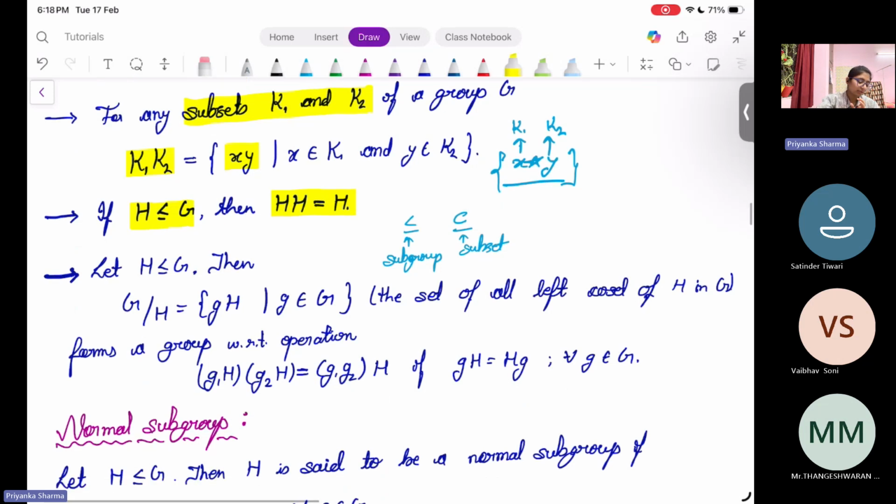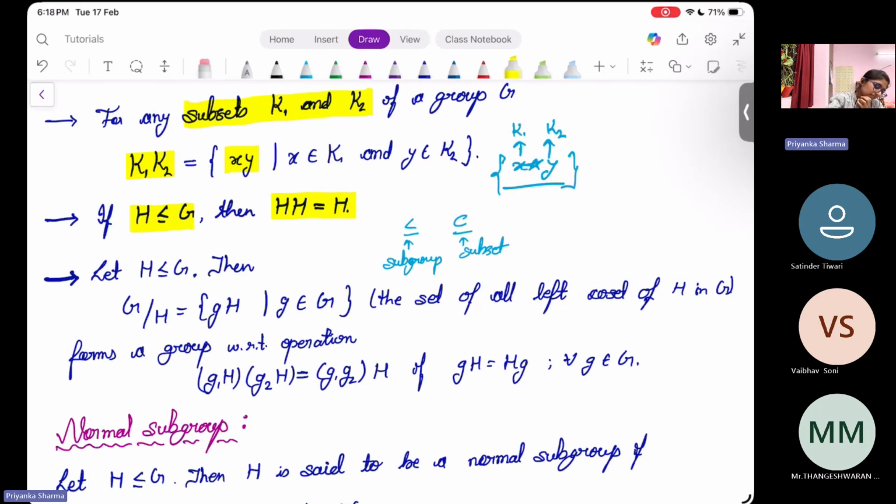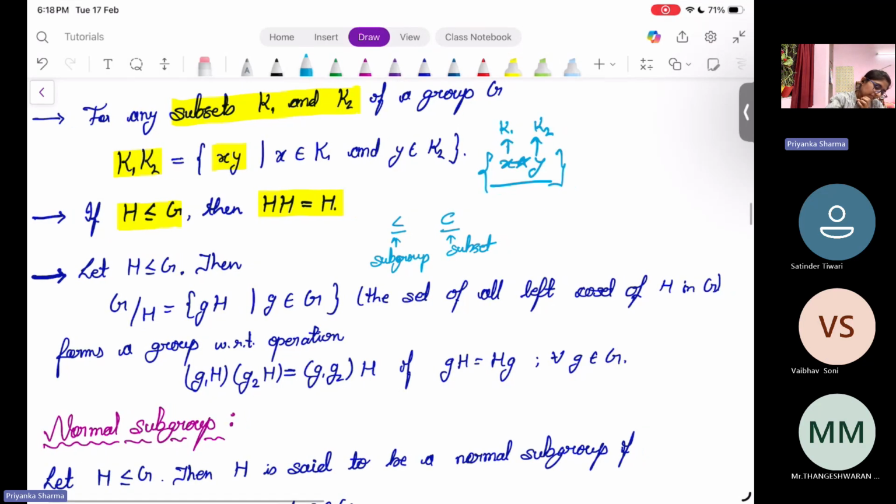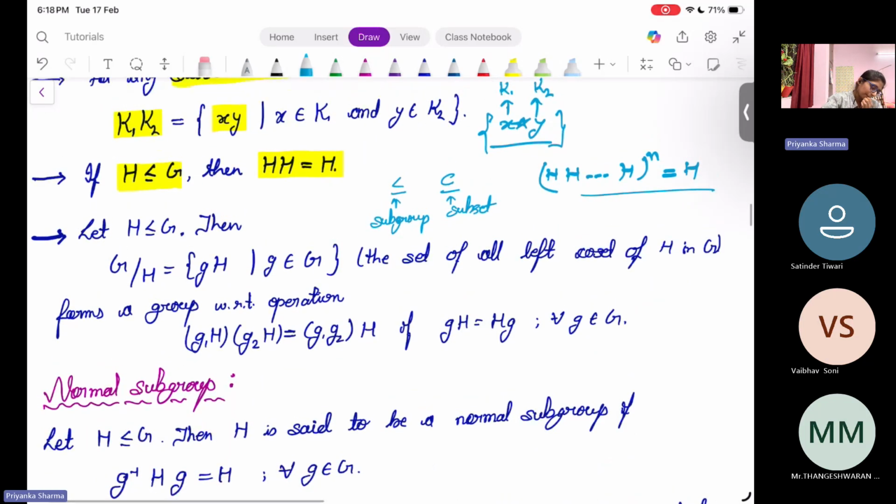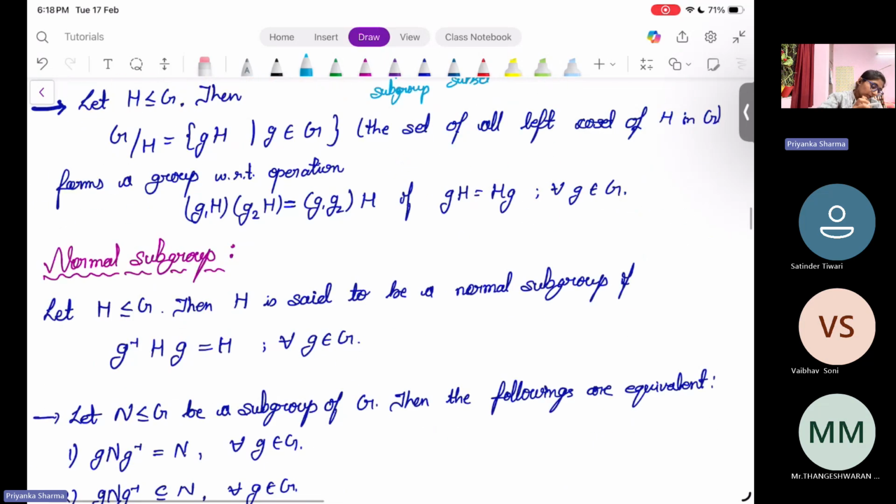So when we take the product of H by itself, we get H, or we can generalize this: the product of H with itself some finite number of times gives H again. To prove this, we can simply use the closure property, as H is a subgroup.